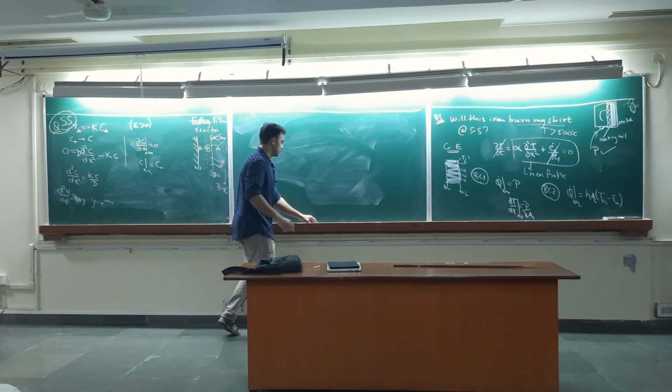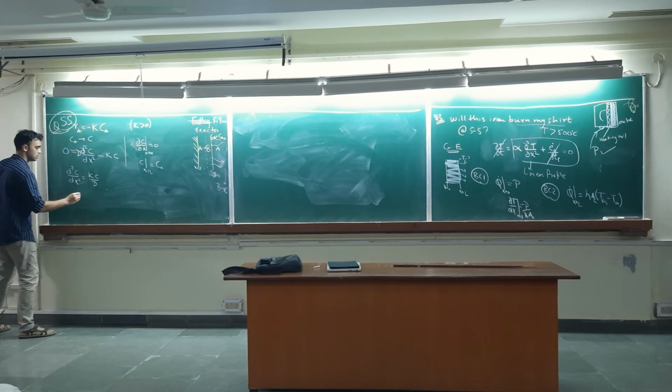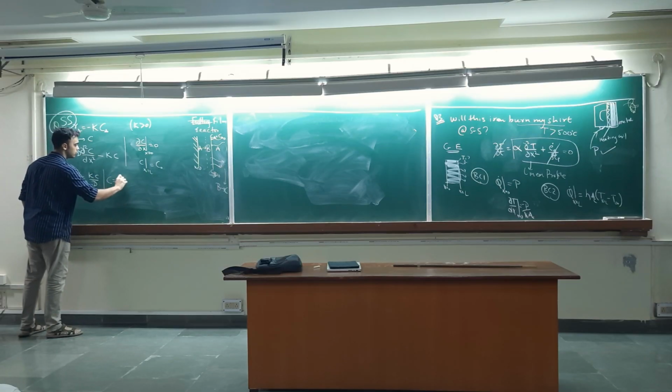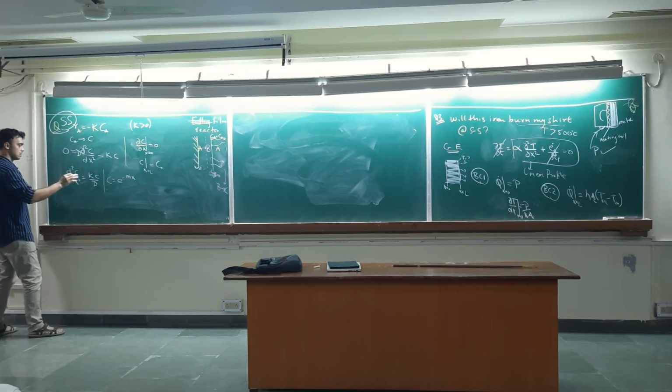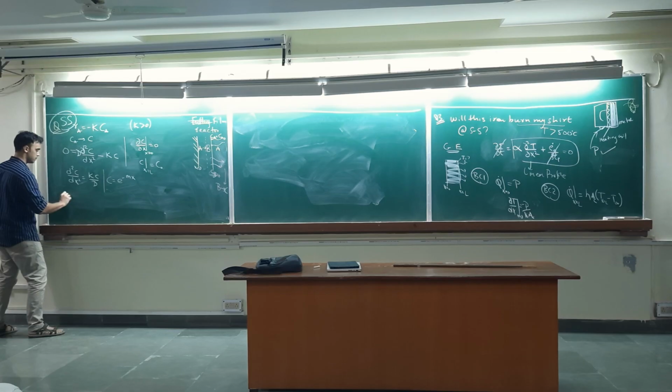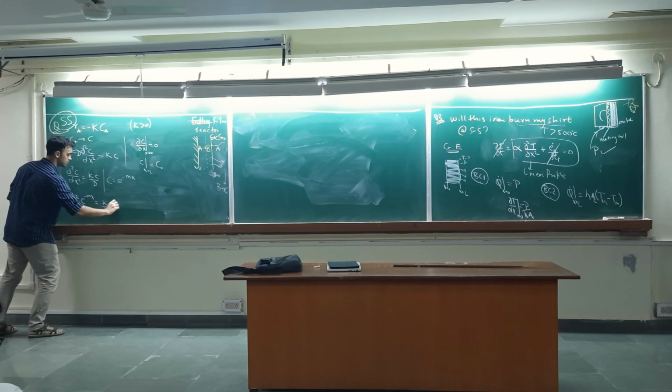So, will this admit an exponential solution? So you can imagine C is equal to e to the power minus mx. So what do you get? The double derivative gives m square e to the power minus mx. So I substitute this here, equal to k by D e to the power minus mx.